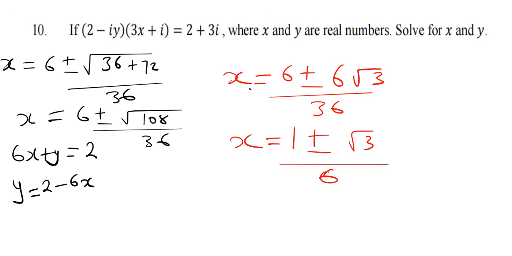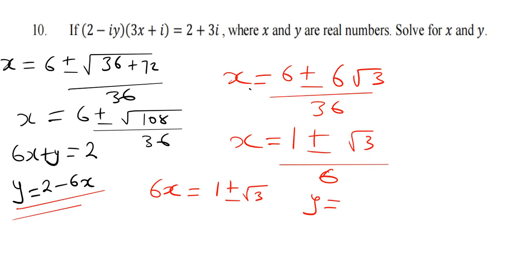Now what do we do? If I solve this one completely and cross multiply, I'm going to have 6x is equal to 1 positive or minus the square root of 3. So that is what we have. Now we're saying y is 2 minus 6x.